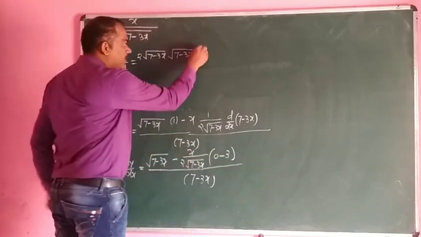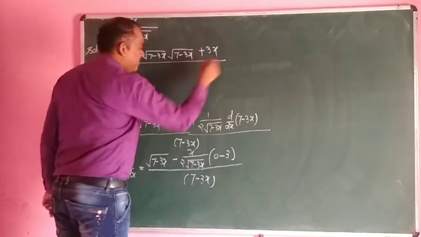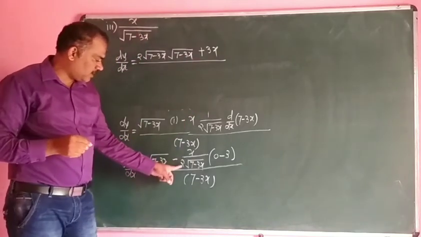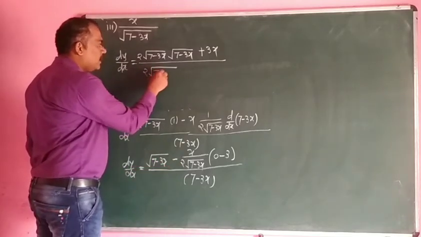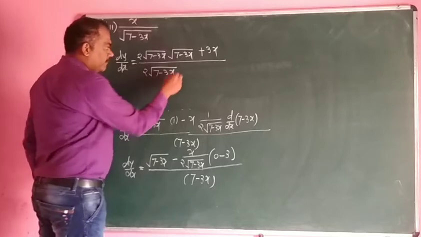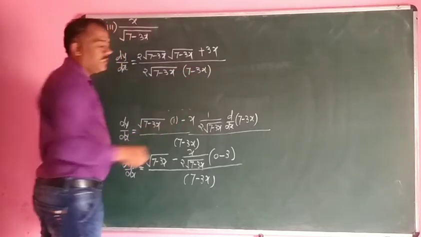This minus minus becomes plus 3 into x, that is nothing but 3x, divided by, we have to equalize the denominator, so the new denominator is 2 into under square root of 7 minus 3x into 7 minus 3x.